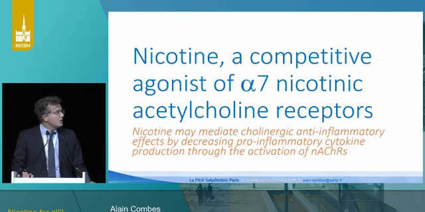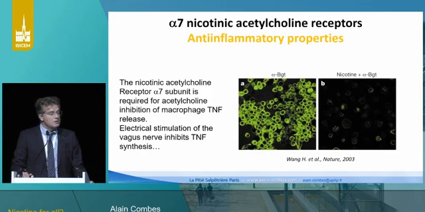So I talked to you about a potential anti-inflammatory pathway and effect, through a specific action of this pathway on the potential to decrease the release of pro-inflammatory cytokines through the activation of this alpha-7 subunit receptor. Those are data here on human macrophages where vagal nerve stimulation is able to decrease the synthesis of TNF.